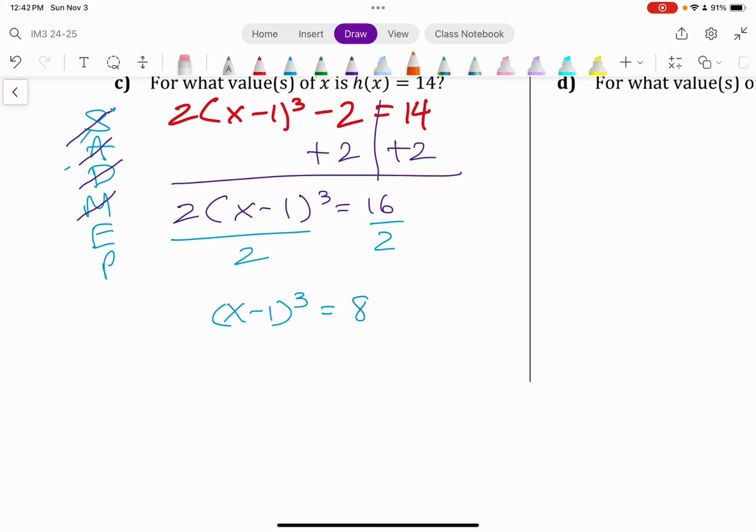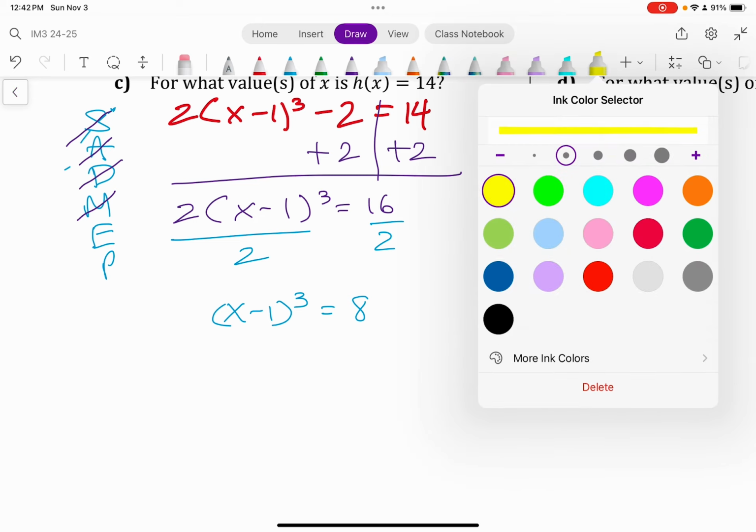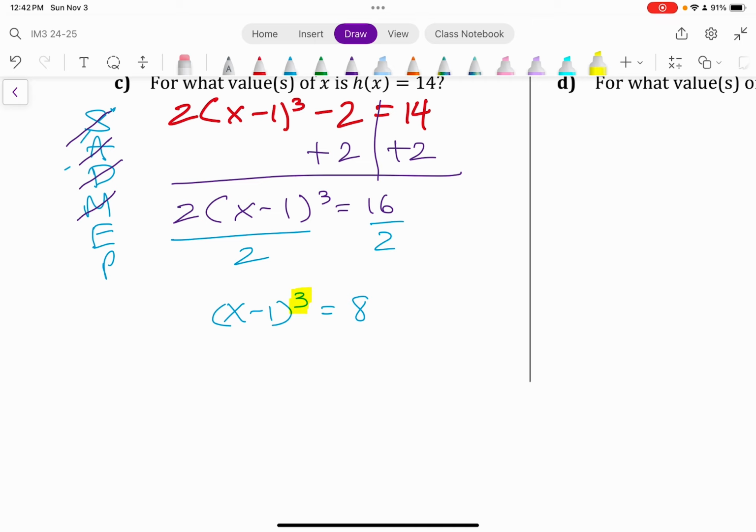Okay, at this point, we need to cancel out this exponent. The only way we can cancel this exponent out is by taking the third root. So you draw a square root symbol and you put a 3 in the front. This symbolizes a cube root.